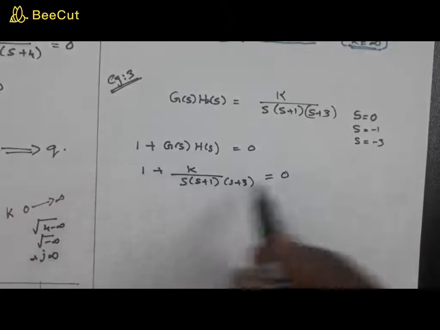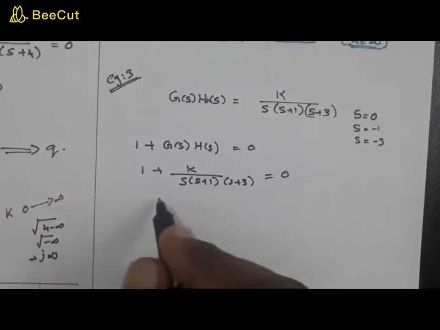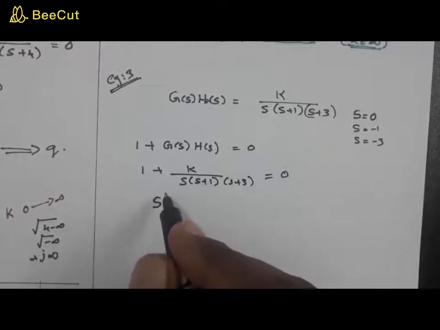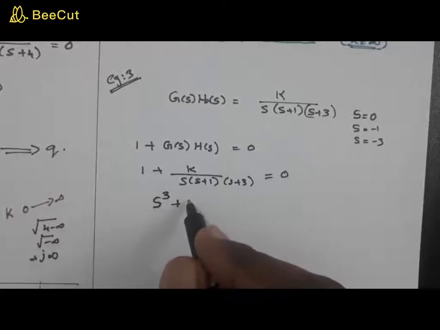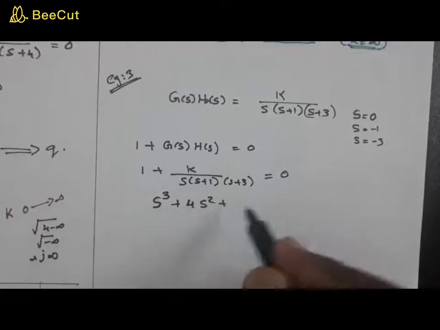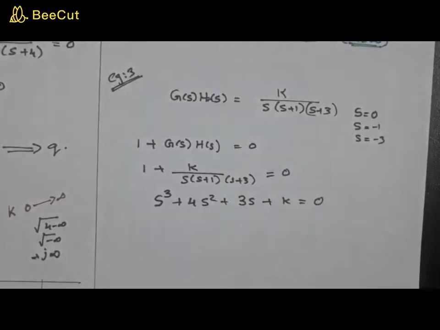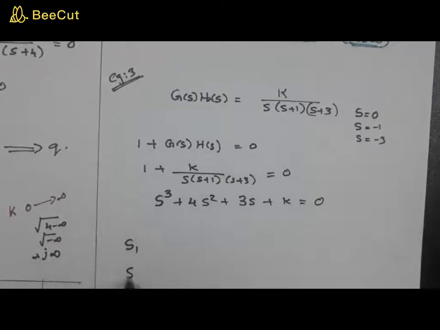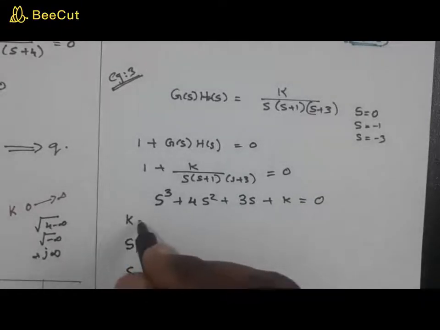Take the LCM and simplify, and you get a third order polynomial, which is s cube plus 4s square plus 3s plus k is equal to 0. So from this characteristic equation you know that you will have three roots. We are going to find those three roots, s1, s2, and s3, based on the different values of k.